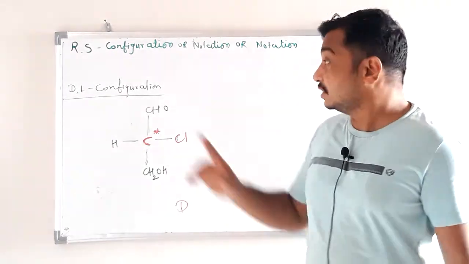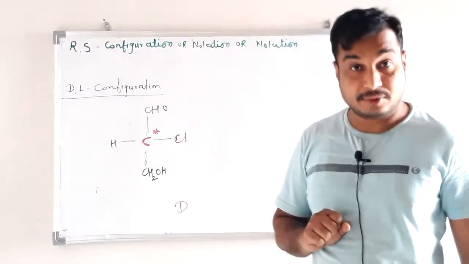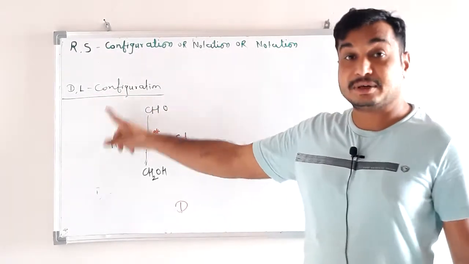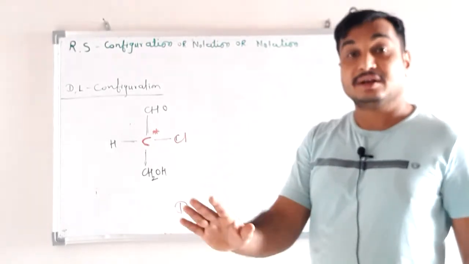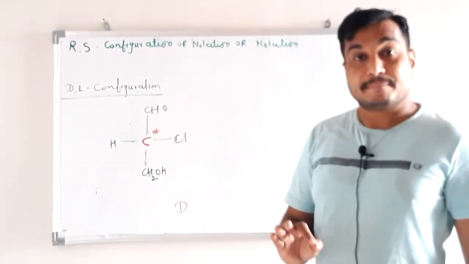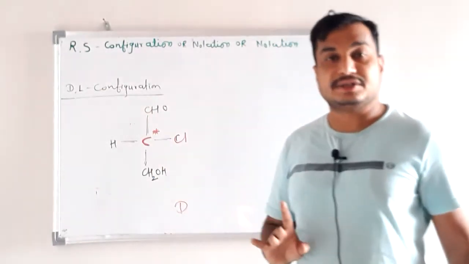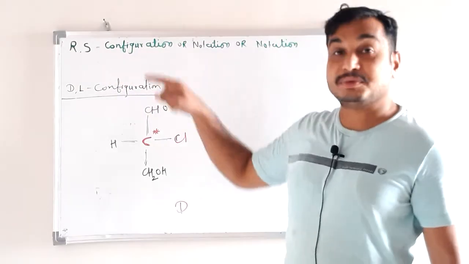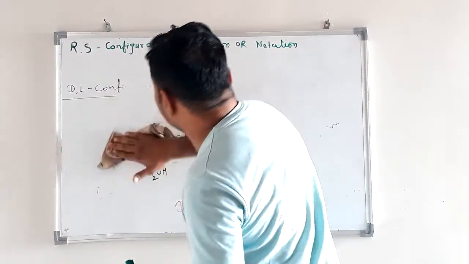So this is the benefit of this system over the DL system. The DL system is only applicable for carbohydrates and amino acids, but the RS system is applicable to all types. Let us see the RS system of nomenclature.